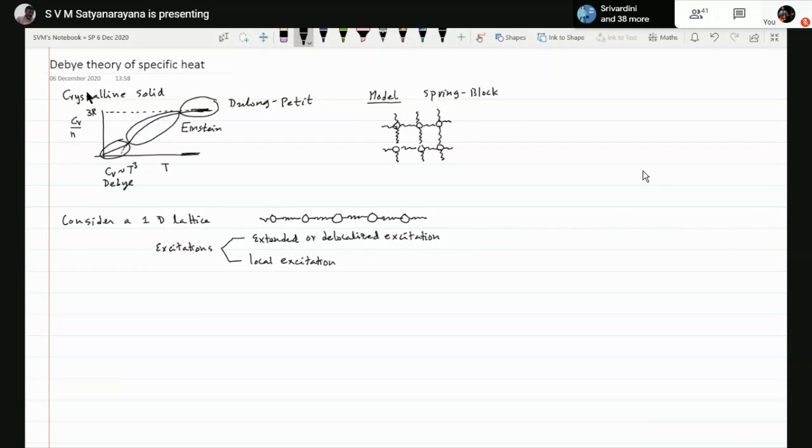The difference between these two is something like this. An extended excitation is something like you have an atom like this, and then the next atom is a little bit going up, then going down like this.